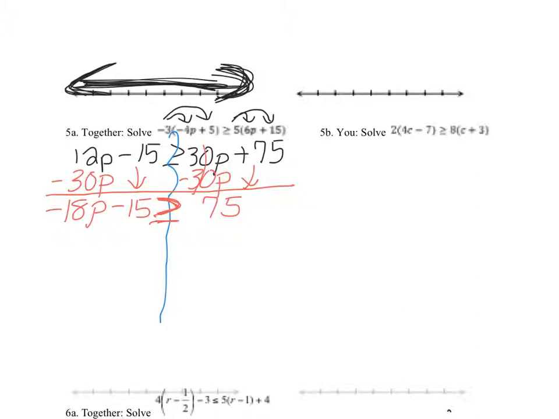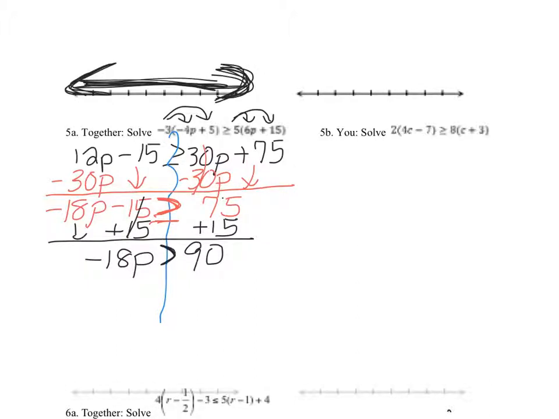Okay. 15 and 75 are on opposite sides of the river, so you have to do plus 15 opposite to move it. So bring down, so I have negative 18p, 75 plus 15 is 90.